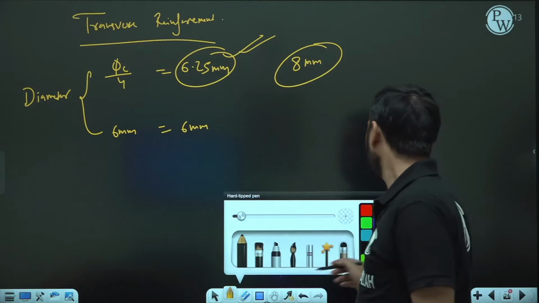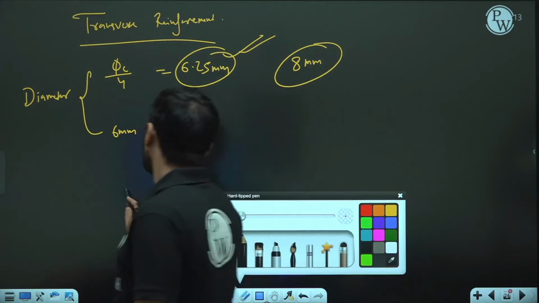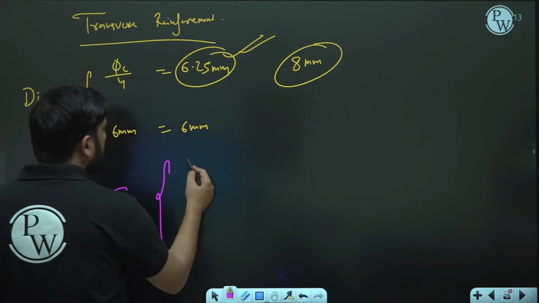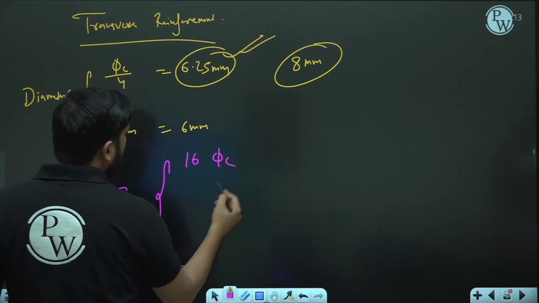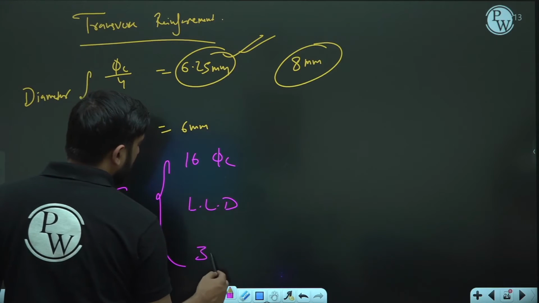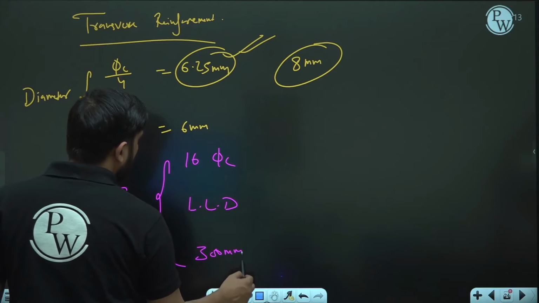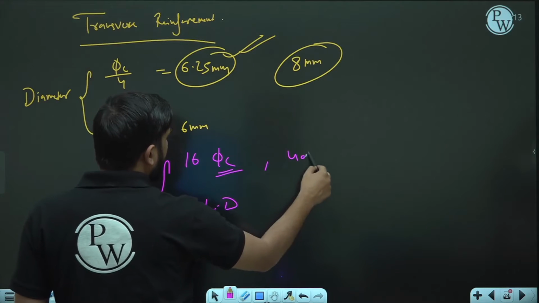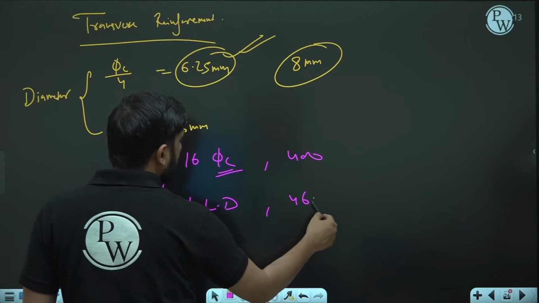The second thing is the spacing of the transverse reinforcement, and again we have to select among three criteria. One is 16 times phi, another is the least lateral dimension, and third is 300 mm. Here 16 times phi, with 25, is 400; the least lateral dimension is 460; and the third is 300.